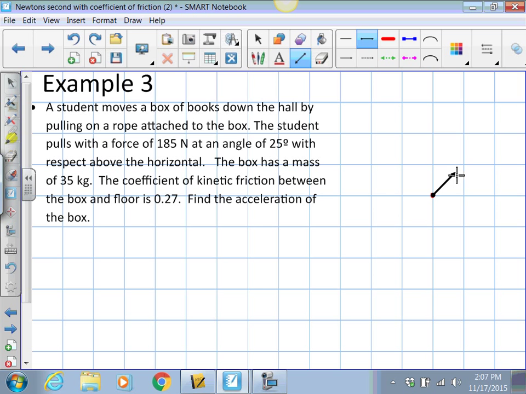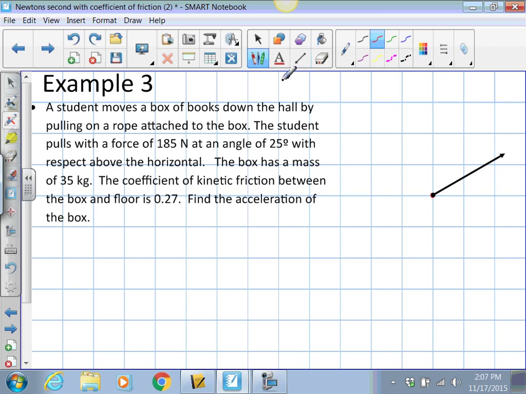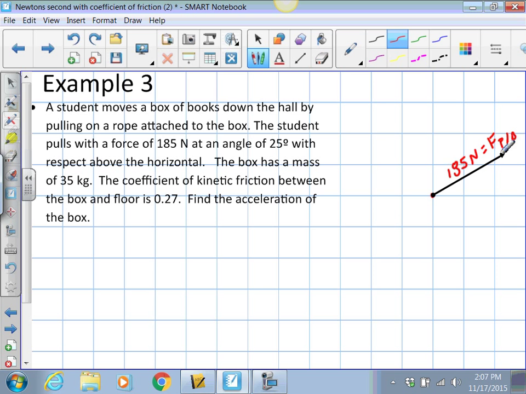So we've got 185 newtons at 25 degrees. I'll draw the angle in a moment, but we know that this is the force of person, or an applied force would be fine, on books. And what else do we have?